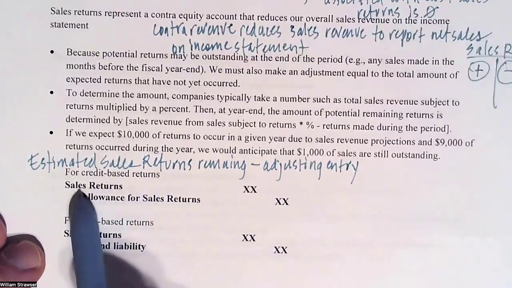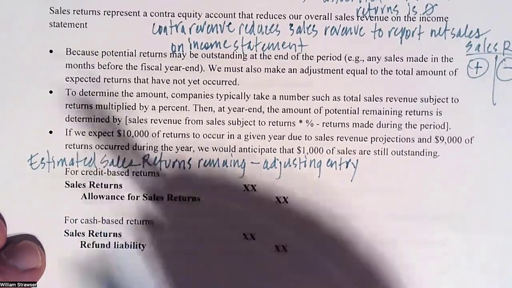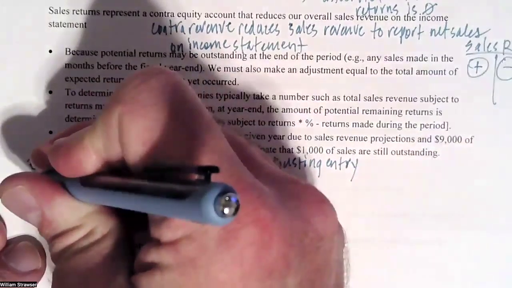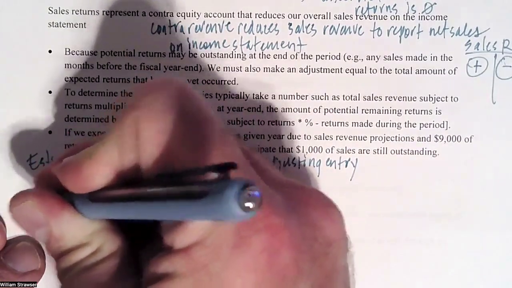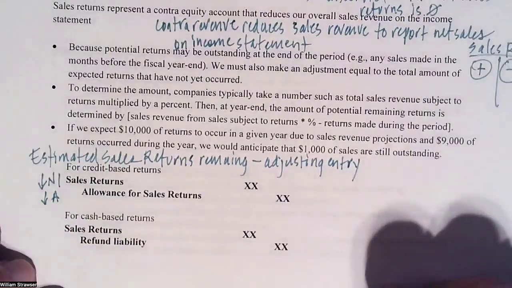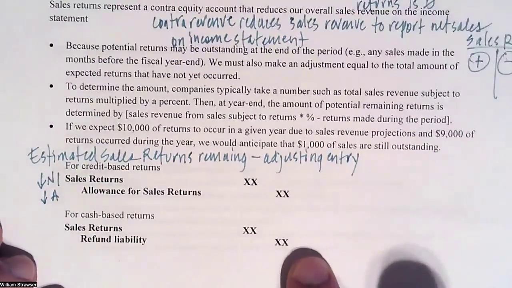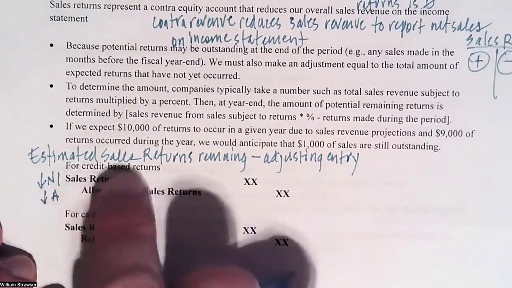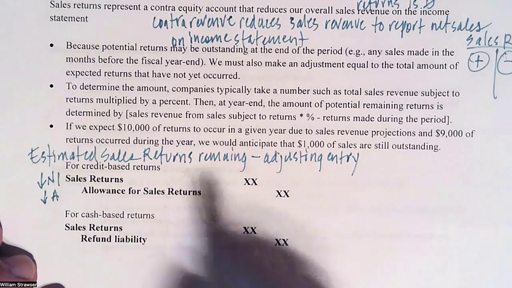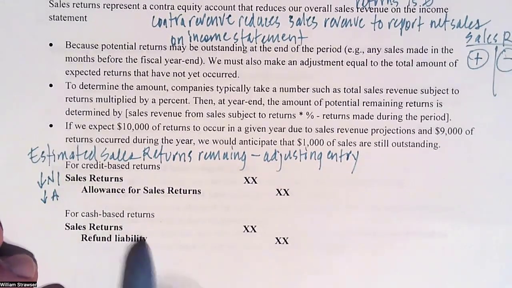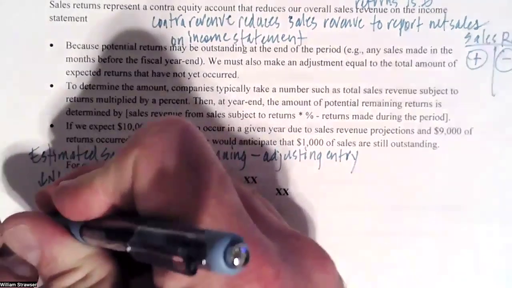Again, very similar to the bad debt expense allowance for bad debt. This is also that adjusting entry that's made at the end of the period. Remember, most estimates in accounting are adjusting entries. For cash-based returns, instead of dumping in our potential future returns into the allowance for sales returns, for those cash-based ones, we're going to use the refund liability account.